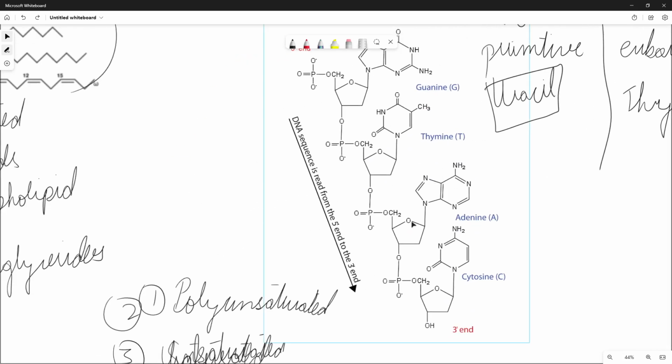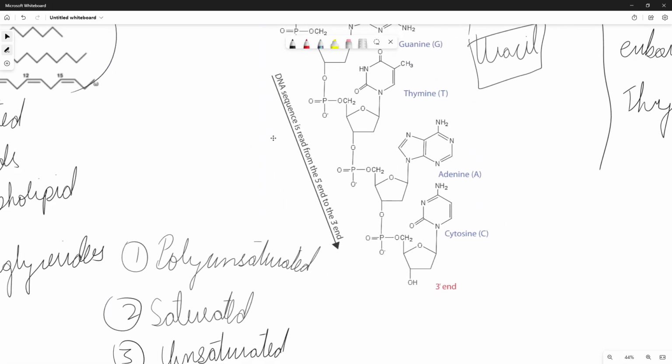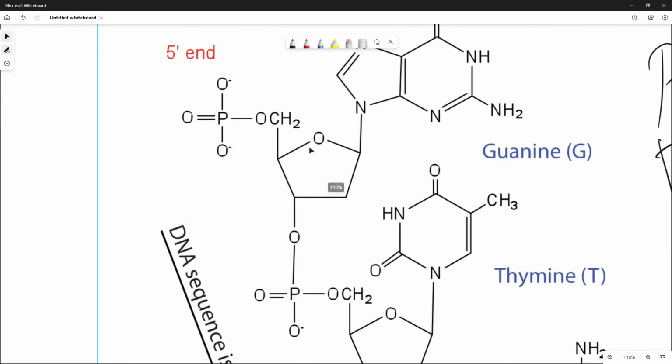Now, when we're talking about the structure of the nucleotide, we have some important points. We have a deoxyribose. If it was ribose, it would have an O here, but it does not. So we have a deoxyribose sugar. It has 5 carbons here, which will be 1, 2, 3, 4, and 5. And these are called 1 prime, 2 prime, 3 prime, 4 prime, and 5 prime carbons.